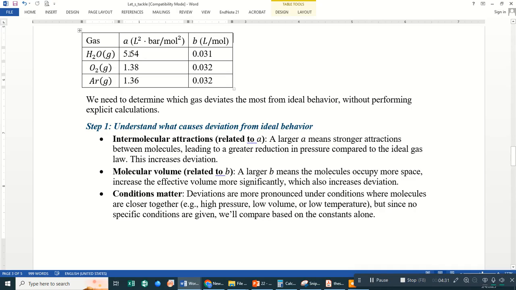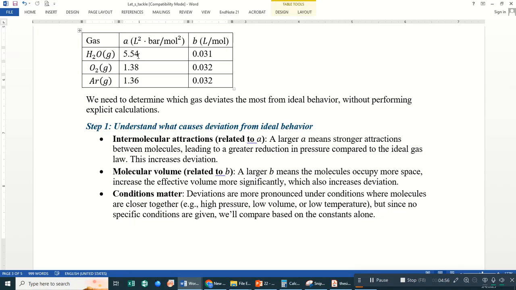See this table. Water gas has a value of 5.54, oxygen has 1.38, and argon gas has 1.36. It means the value of a is larger for water gas, so water has a stronger force of attraction.